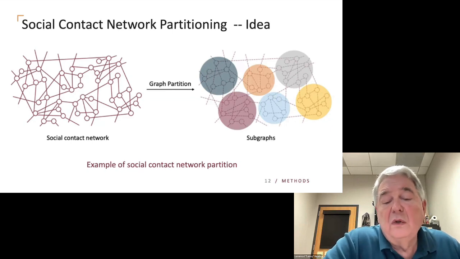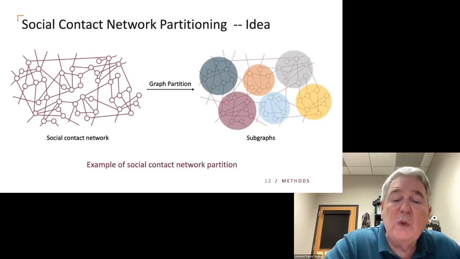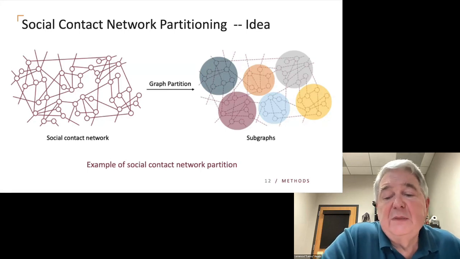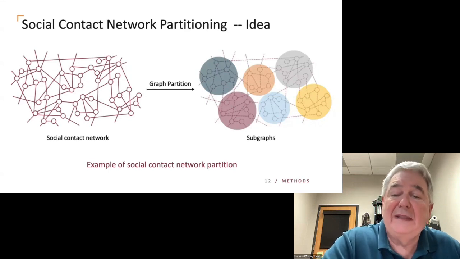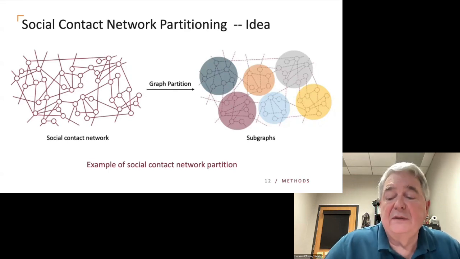We also want the number of edges in all of the subgraphs to be as large as possible, or in other words, the number of edges between subgraphs should be as small as possible. This way, we hope to minimize the amount of transmission that we miss in the subsequent rounds of testing.